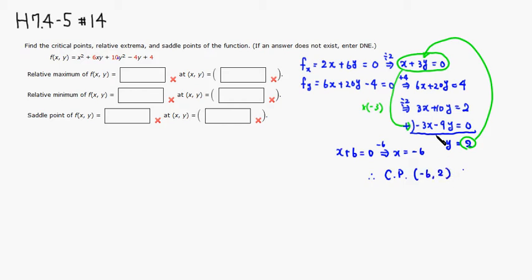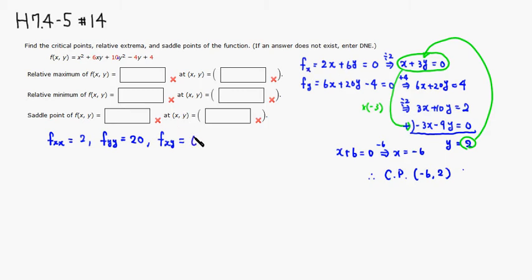Let's find the quantity D. We need to find the second partials. The second partial with respect to x is 2. The second partial with respect to y is 20. The mixed partial, taking the partial with respect to x first, then with respect to y, is 6.